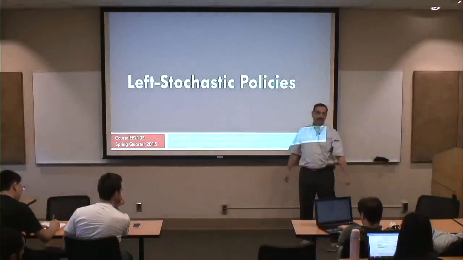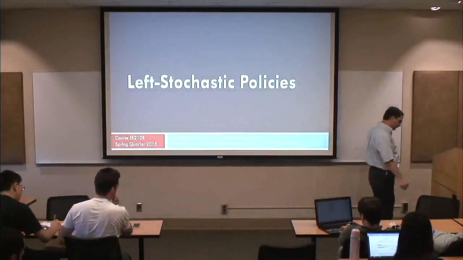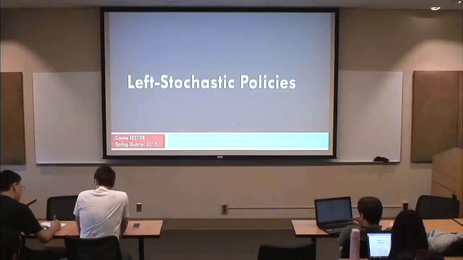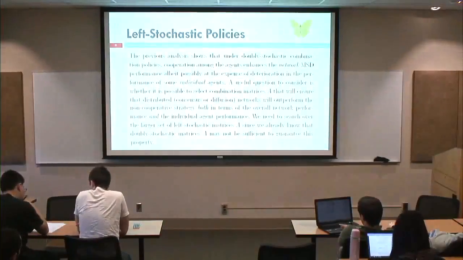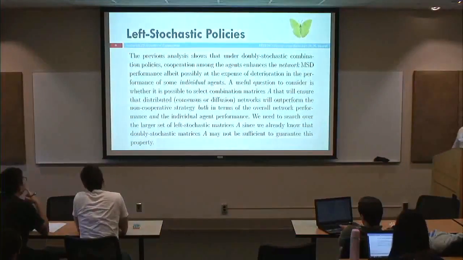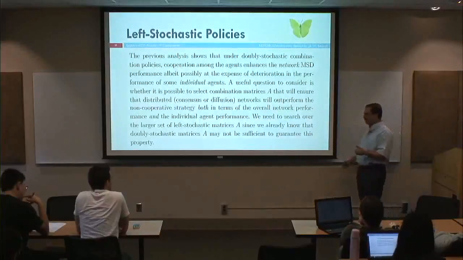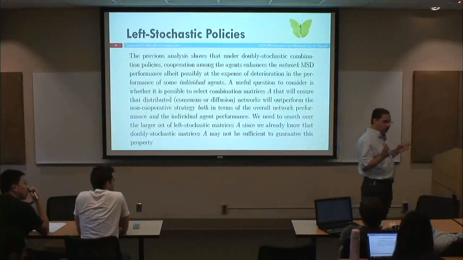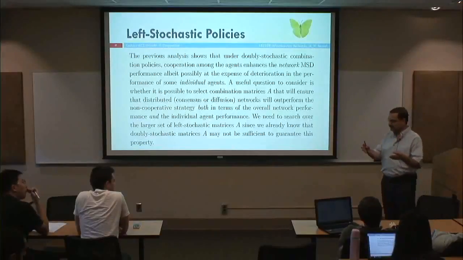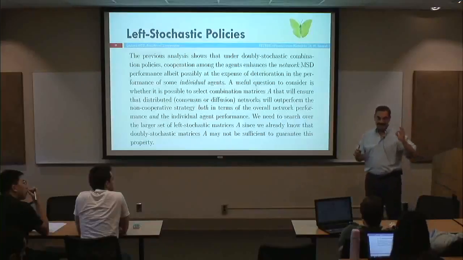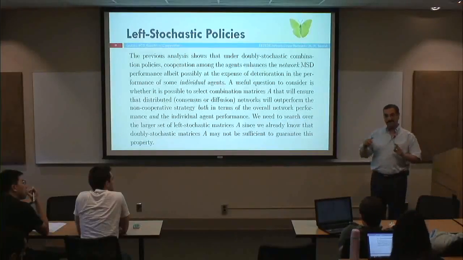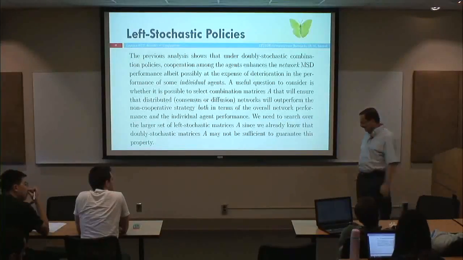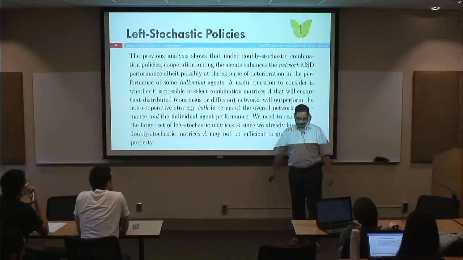Now, what if I move to left stochastic policies? Because in the previous result, I showed that on average, the network as a whole will do as well as the centralized solution, better than the average non-cooperative solution, but not necessarily better at the individual level, okay?